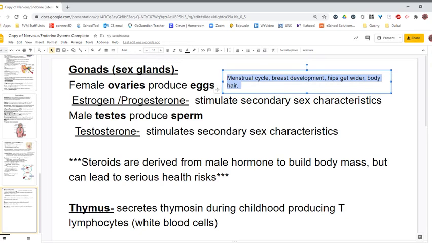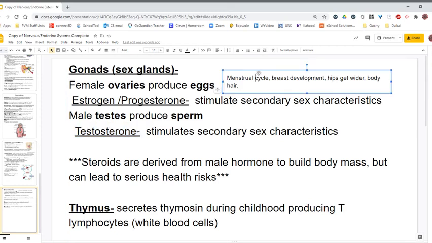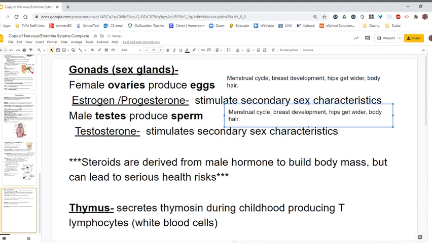All right. So let's jump down to the male hormone testosterone. And testosterone not only causes sperm development, but it also stimulates secondary sex characteristics in males. Now, in order to make this a little easier, I'll just duplicate this and I'll remove the things that don't happen. All right. So we're not going to have in guys wider hips.